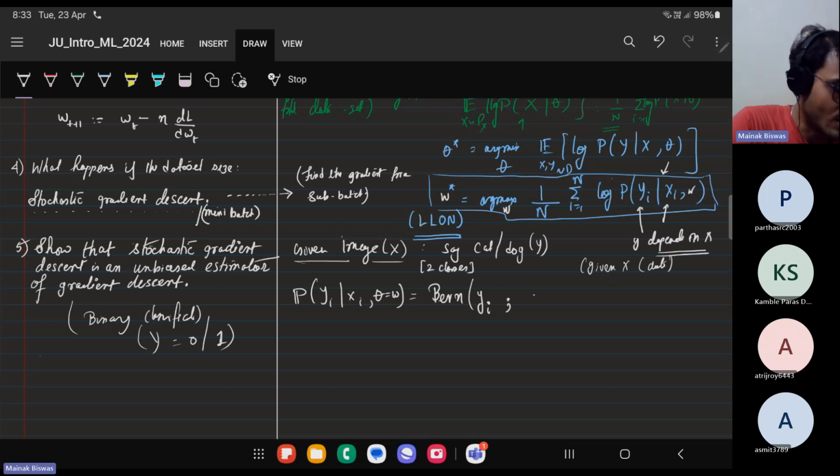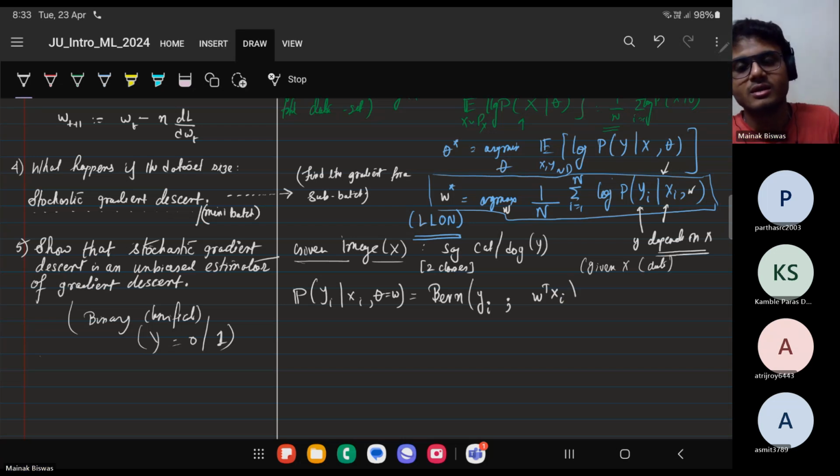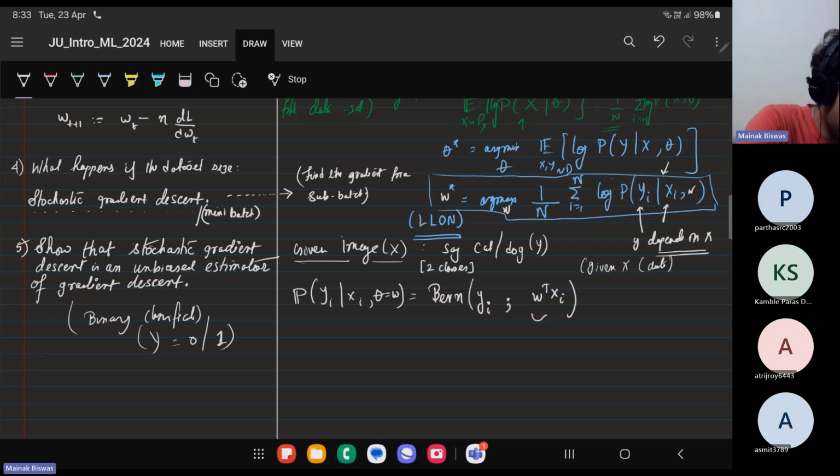So what will I write? I will write W transpose xi. Now you see, this is my probability. W transpose xi is the probability of xi being in which class?